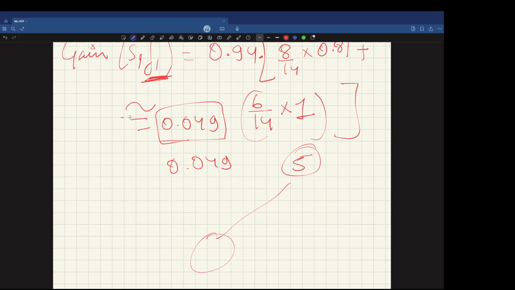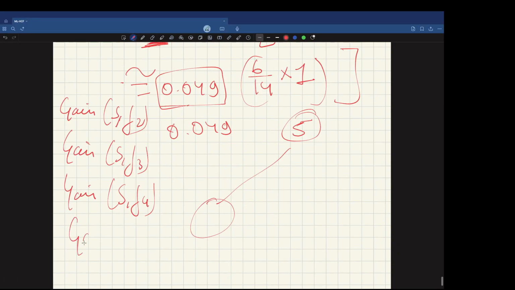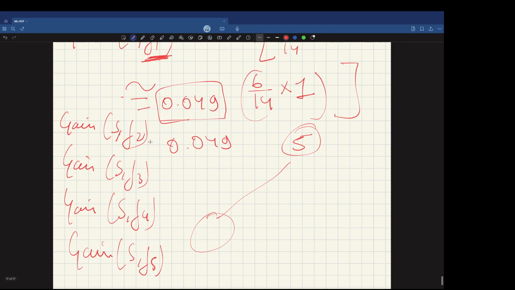Find the gain of feature 2, similarly gain of feature 3, gain of feature 4, gain of feature 5. Let's say 5 features are there. If all of them have different values, let's say for this one I'll erase.